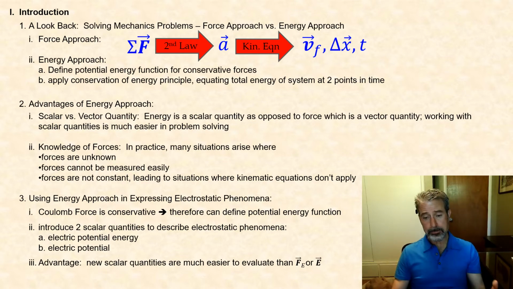So like I said, some of the information about directions is not available to you when you take this scalar, energy approach. But if that is all that is needed, in other words, if you do not need to know the directions that objects move, then this approach is generally much easier when it comes to problem solving.